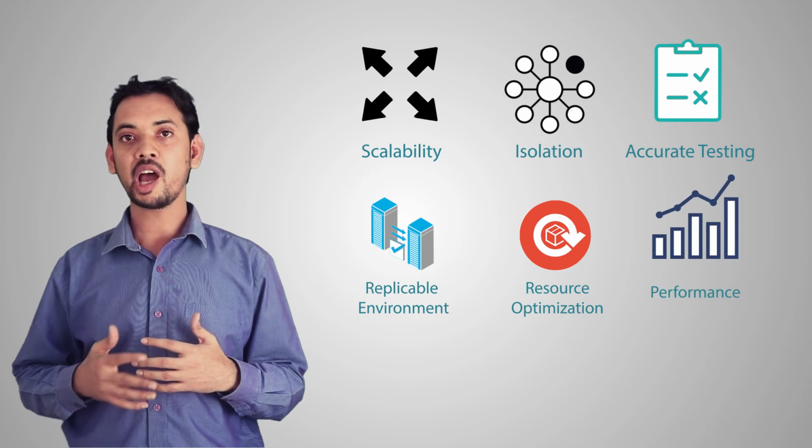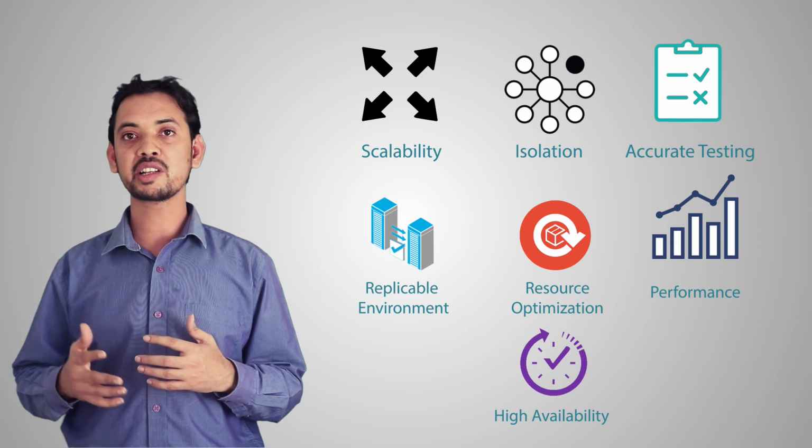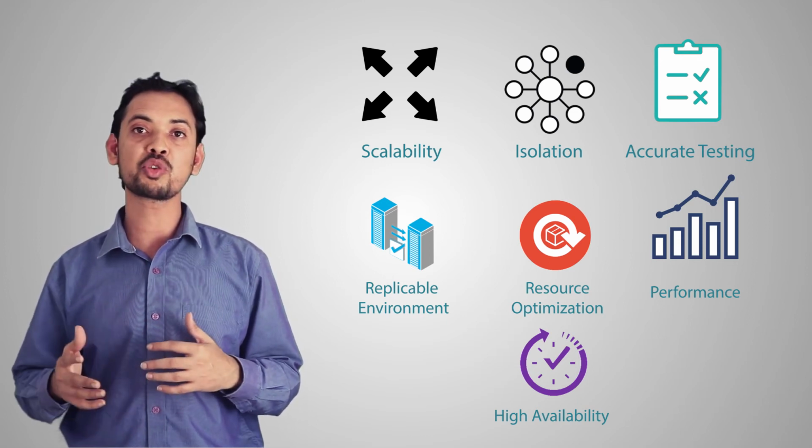Some of the main features containers provide are scalability, isolation, accurate testing, replicable environment, resource optimization, performance, high availability, and they are compliant to various continuous integration and DevOps principles. Container technology is one of the fastest growing technologies in the IT sector. It is changing the way the IT sector creates, tests, and deploys software.